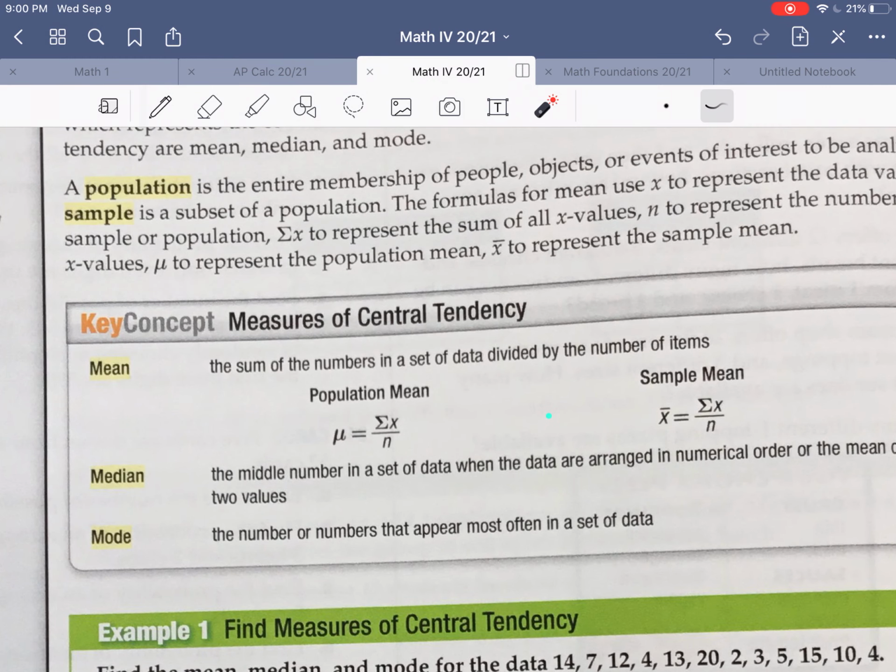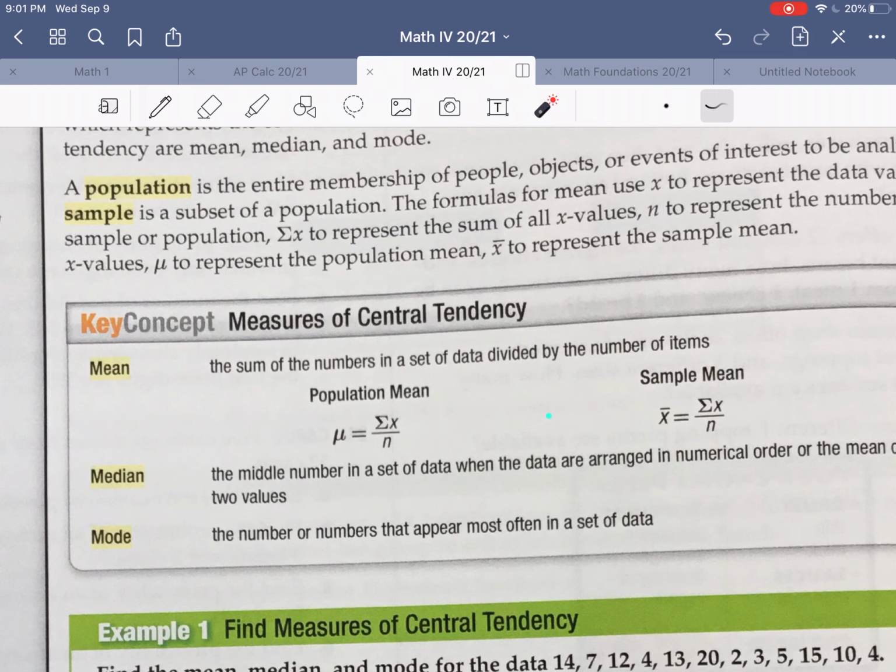So the mean here, the population mean, also represented by the Greek letter mu, is equal to, well, that's another Greek letter, sigma. It means the summation of x, which are all of your data points. So you add up all of your data points, and then n is the number of data points. You're just finding an average.